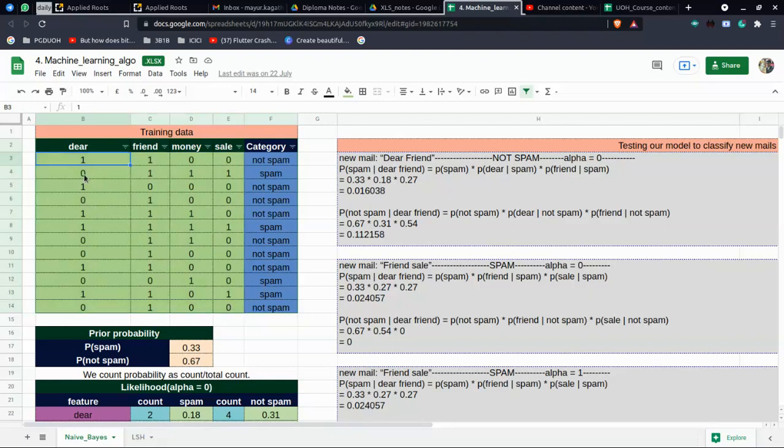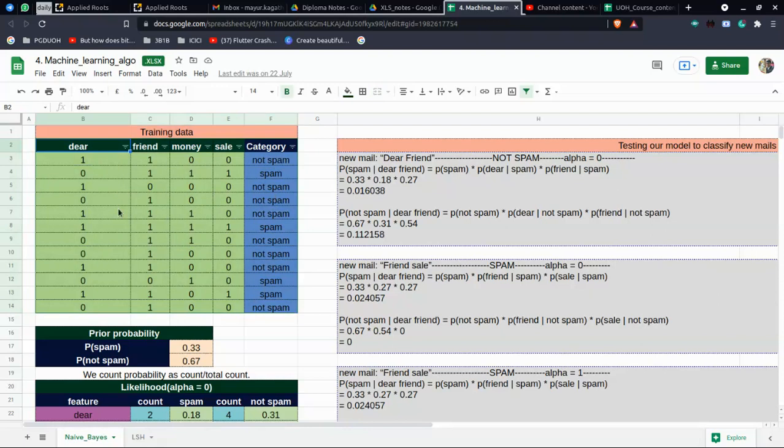I do not count in how many mails I have deer and in how many mails I don't have deer. These are nothing but my 12 different mails, emails basically, and I am just taking 4 words. It could be more than 4 words, 40, 50, 100 also. In this example, this is our training data.